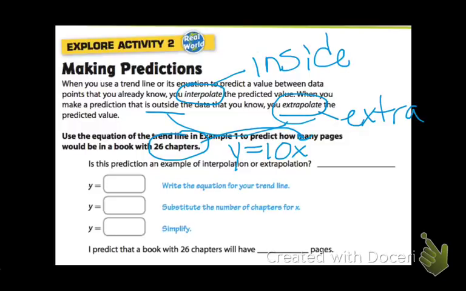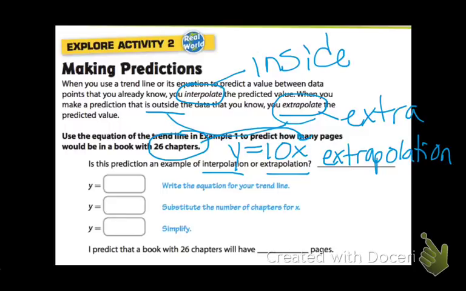Now, first of all, interpolation or extrapolation? Well, if I'm remembering correctly, there was not a value of 26 anywhere on my table, and so it was extra information, which means it is extrapolation. I'm using my equation or my trend to find extra information, extra data.